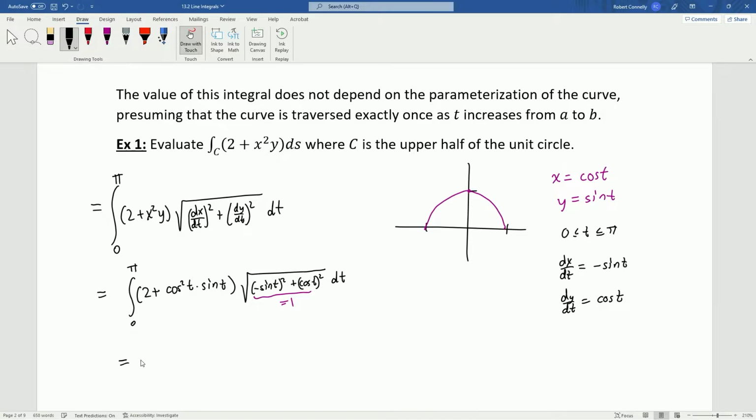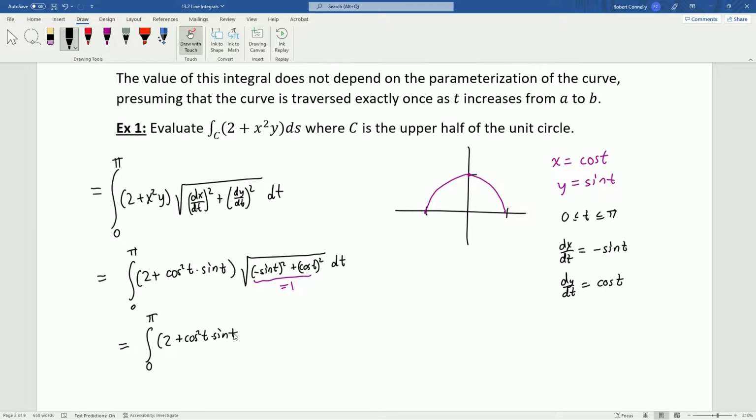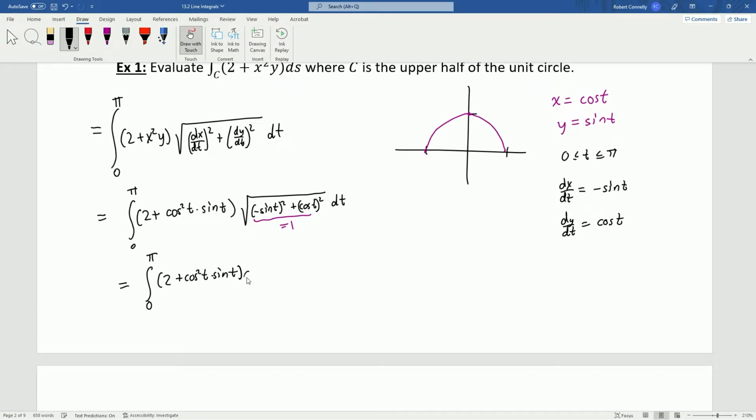Now, this is going to simplify to sine squared plus cosine squared, which is just 1. And the square root of 1 is 1, so we can rewrite this as the integral from 0 to pi of 2 plus cosine squared of t times sine of t dt.